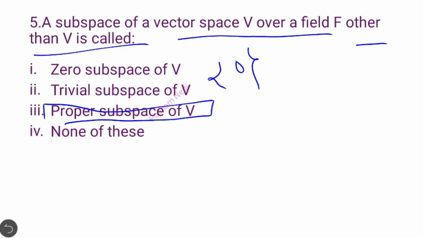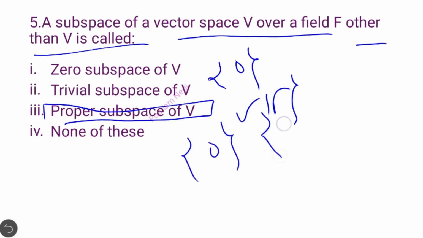And every vector space V over a field F has two trivial or improper subspaces, that is the zero subspace and the subspace V itself. That's why our correct answer will be proper subspace.